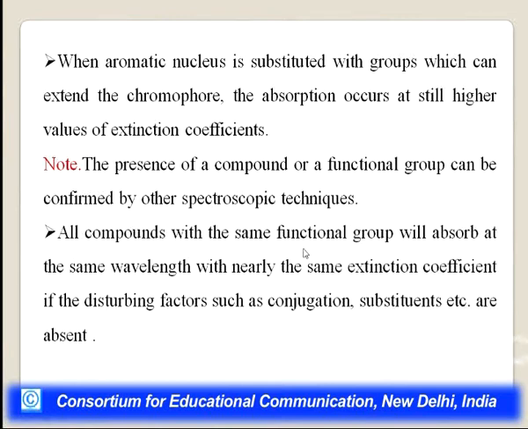All the compounds with the same functional group which absorb at the same wavelength will have nearly the same extinction coefficient, if disturbing factors such as conjugation, alkyl substituents or any other substituent are absent. We have discussed this in detail while discussing IR spectroscopy.